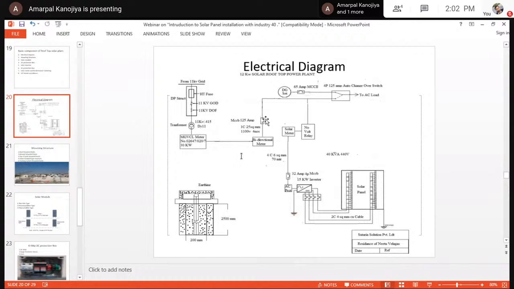That energy which is exported from you to the electrical board is noted down by this bidirectional meter as exported energy.